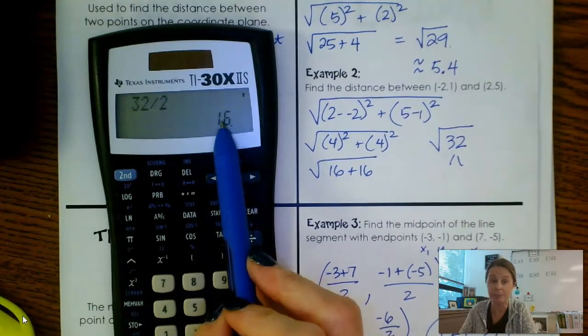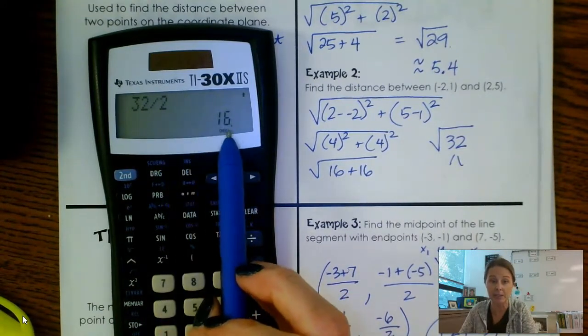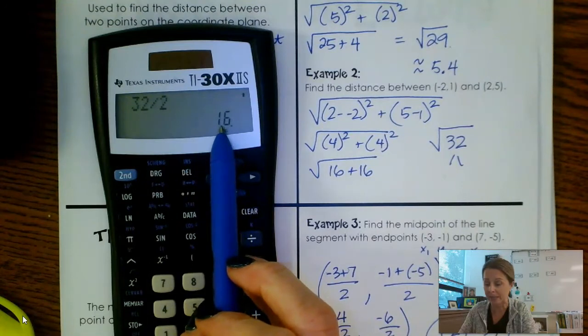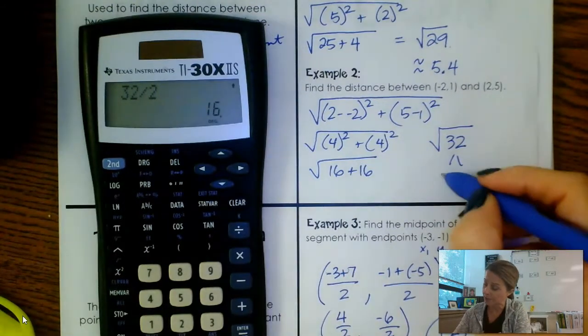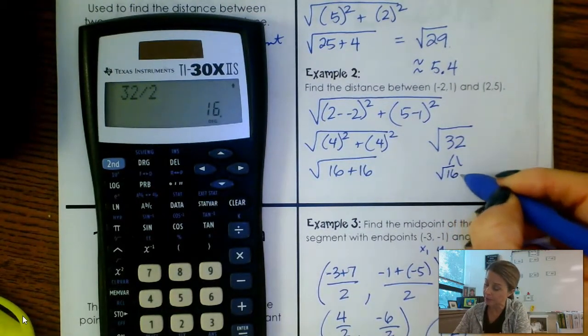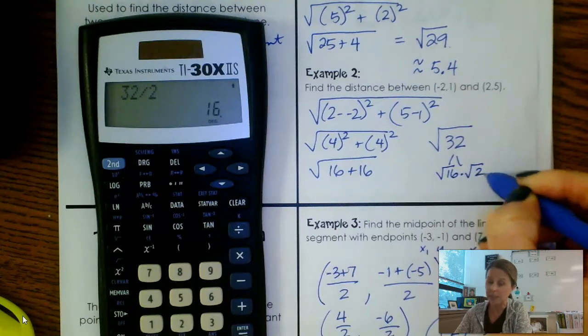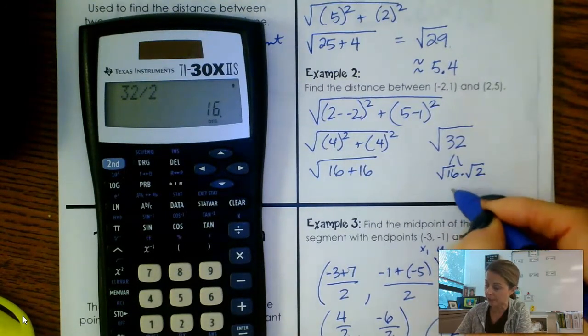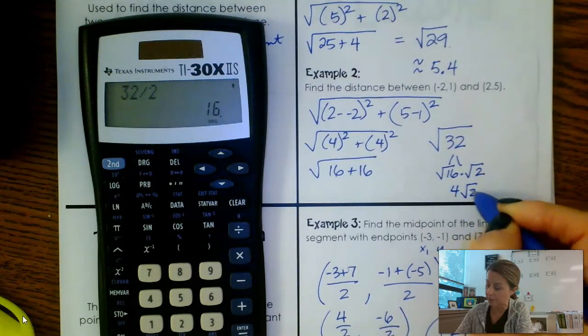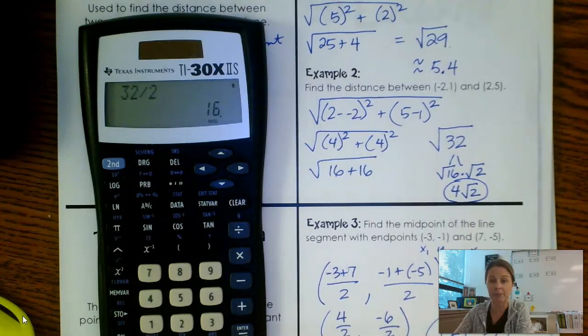Okay, 16 is a pretty big perfect square, so I feel like this is going to be my best bet because 2 is a very small number and it will not simplify further. So I'm going to simplify into square root of 16 times square root of 2. And then 16 is the perfect square, so that will give me 4 square root of 2. So if we left it in radical form, that would be simplified radical form.